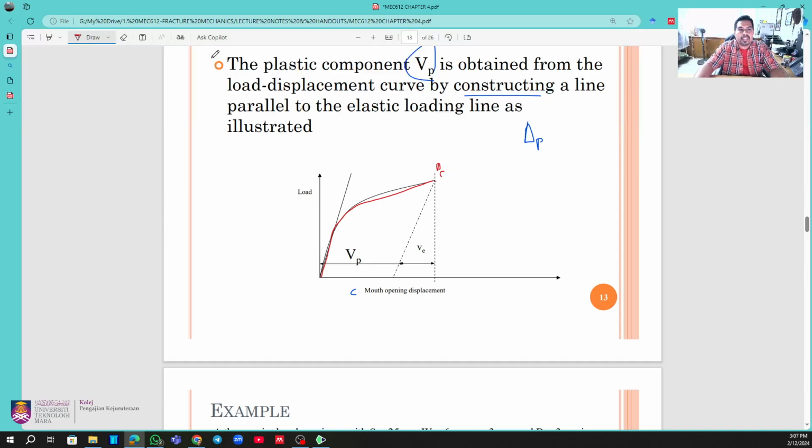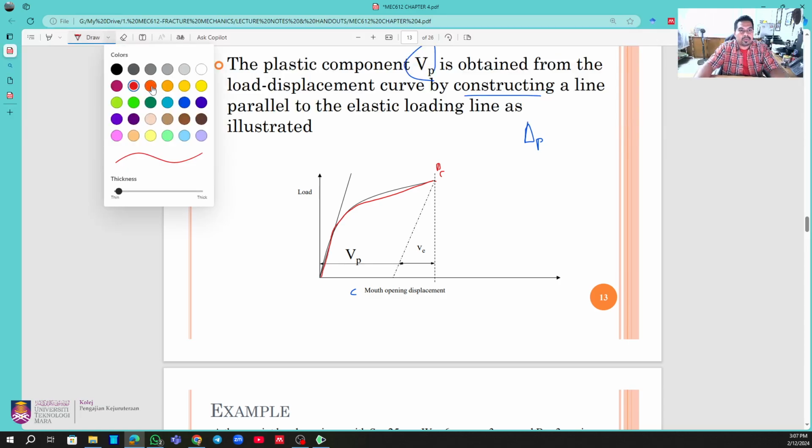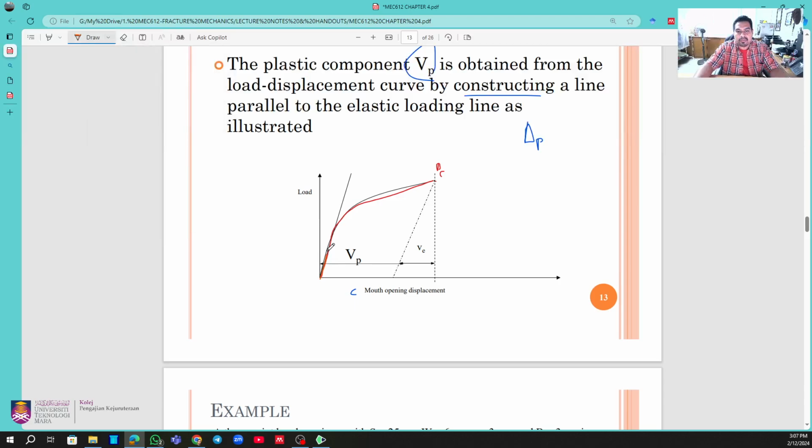What we need to do, first thing first, is to draw the straight line on the elastic line. So this is the elastic line. Then you have to get the offset from the elastic line. Offset means the same distance, so this is the offset line.